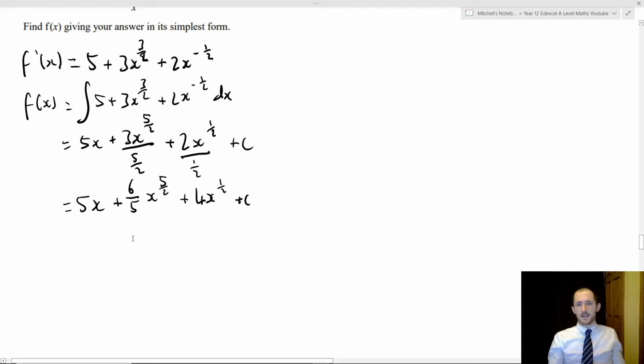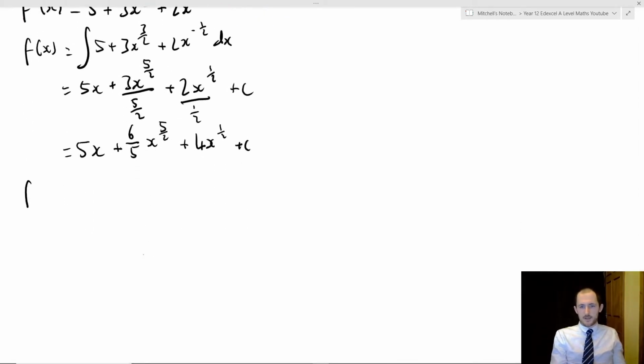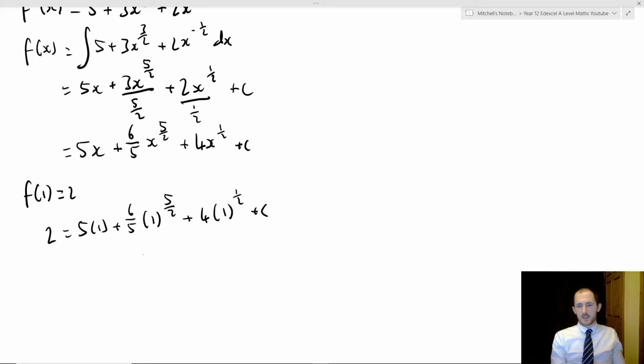C. And then again, we have that f of 1 equals 2, right? So when we sub in x is 1, we should get 2. So we have 2 equals 5 times 1 plus 6 over 5 times 1 to the 5 over 2, plus 4 times 1 to the half, plus c. So that becomes 5 plus 6 over 5. Okay, that's slightly annoying to do in my head, so I'm going to do it on a calculator and be lazy.